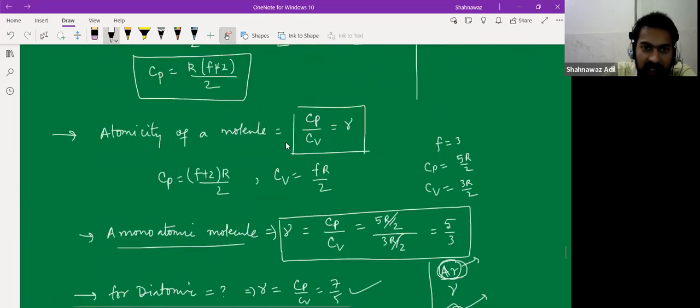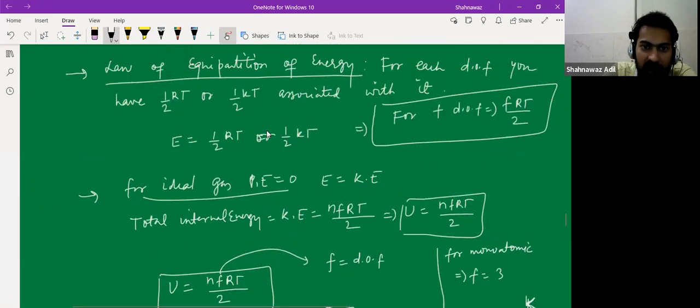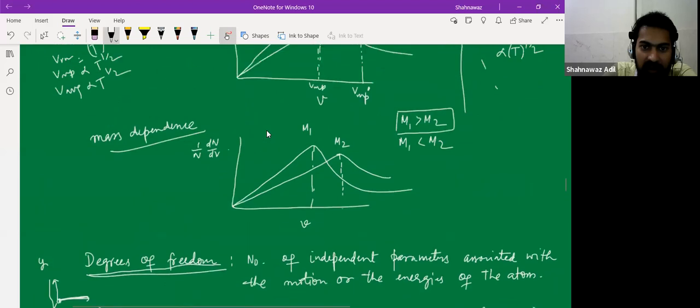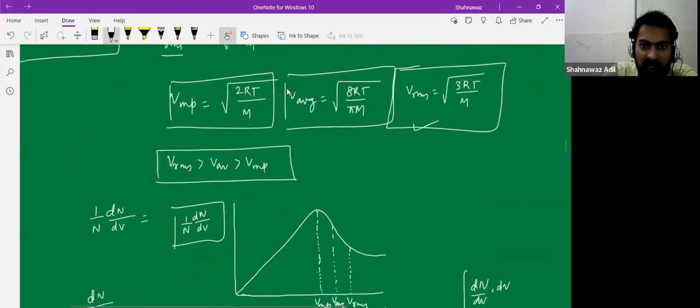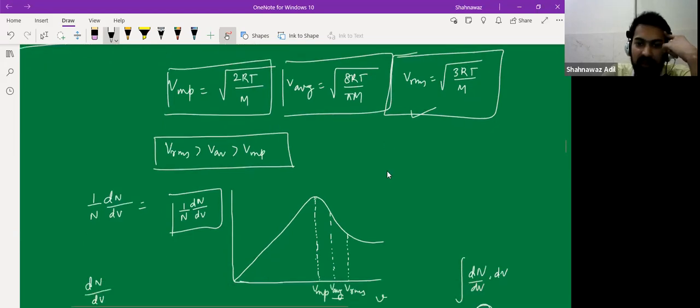This atomicity is very important, and then these velocities. So these velocities are important, right? In the next class I will do more problems on this, and then I will start thermal properties, right? Okay, sir.